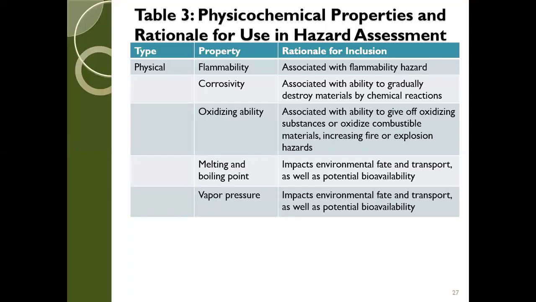Oxidation has to do with maybe burning in the presence of oxygen. So where you have a substance that can easily cause a fire outbreak by use of oxygen, something like that.